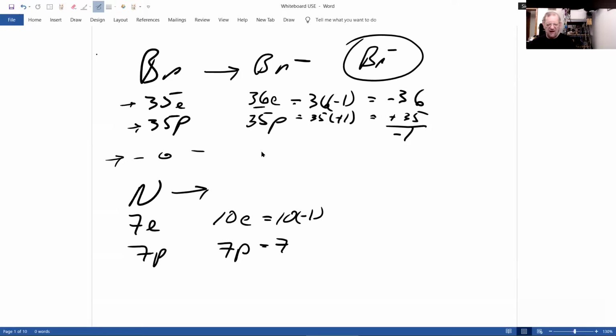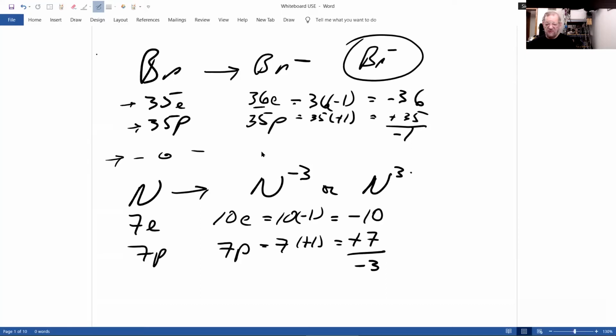Each proton is a +1 charge. Do the math. Add this up, and you get a -3. Therefore, the answer would be either this, or you could write it this way, which is the newer way. Dr. White likes the older way, but either one would be correct on my test.